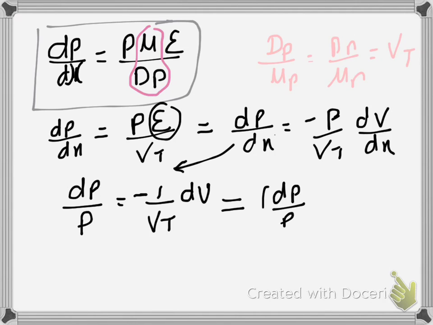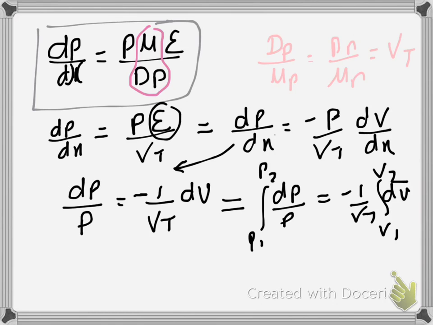So I integrate within the limits: the integral of dp by p from p1 to p2 is equal to minus 1 by Vt times the integral of dV from V1 to V2. I hope you people are getting it. Simple mathematics, nothing more than that.